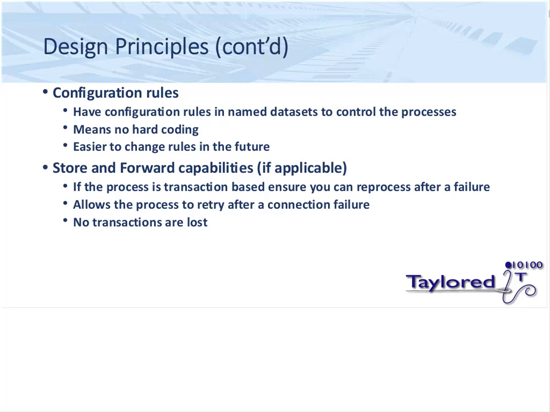So in the case of a connection type failure, if I understand the failure, I can build in logic whereby if it fails and the failure reason is something that I understand, I can automatically go into a loop and wait for a predefined period of time, which again is in my configuration rules, and then retry.